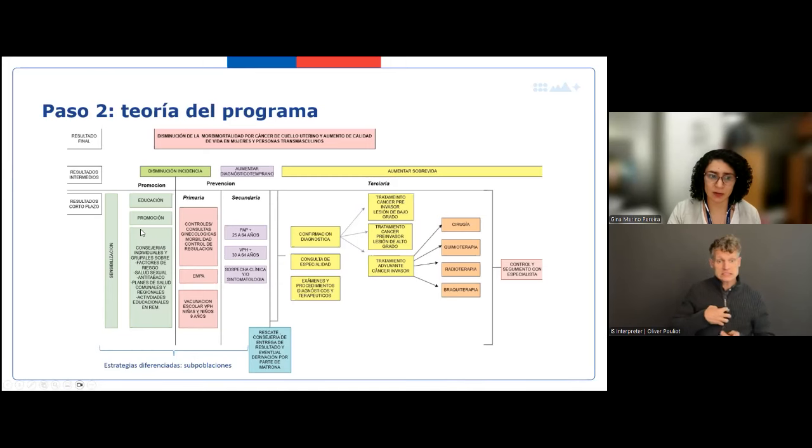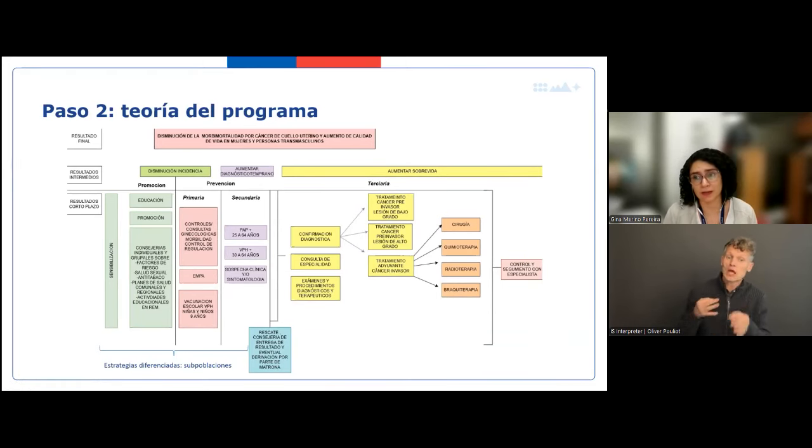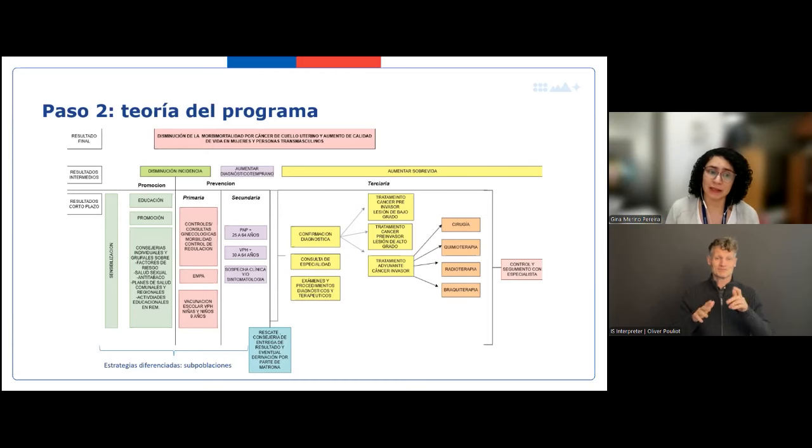And we see that promotion strategies exist in certain areas, and also to provide, for instance, spaces for individual and group counseling is very important to make people more aware of what the risk factors are. And for instance, counseling for anti-smoking activities and plans at the level of the community, at the regional level, and primary prevention is what you have listed here. And for instance, primary care, this is what we have in Chile.